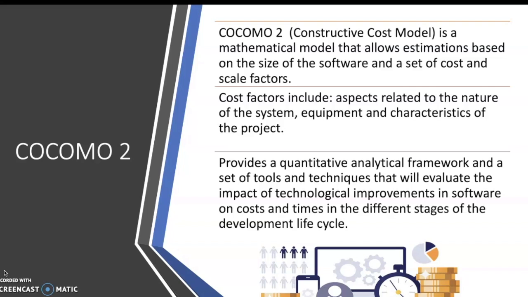COCOMO 2 allows the continuous calibration of the model and thus increases the precision in the estimation, and provides a quantitative analytical framework and a set of tools and techniques that will evaluate the impact of technological improvements in software on cost and times in the different stages of the development lifecycle.